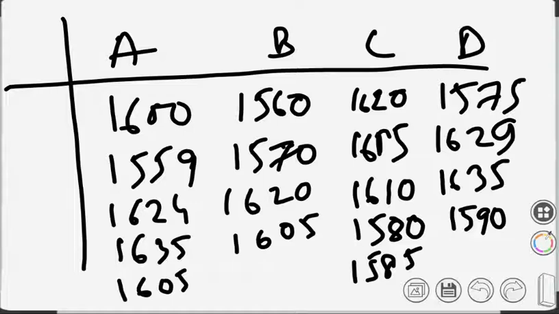Our objective is to find out whether the brands differ or not in the sense of their life. In other words, if we are analyzing the variation, whether brand A varies from brand B, brand B varies from brand C and brand D, or A, B, C, D do not have any kind of variation.